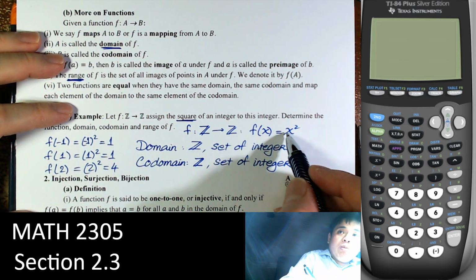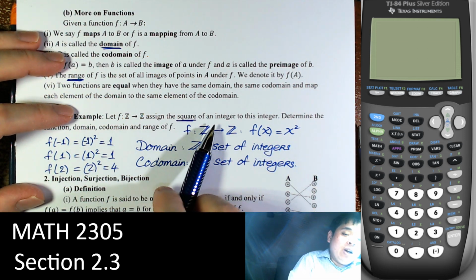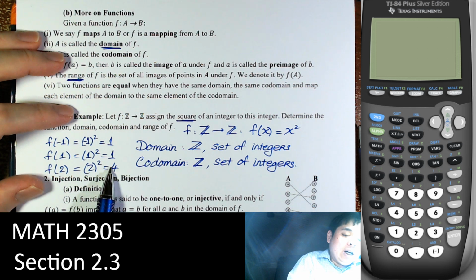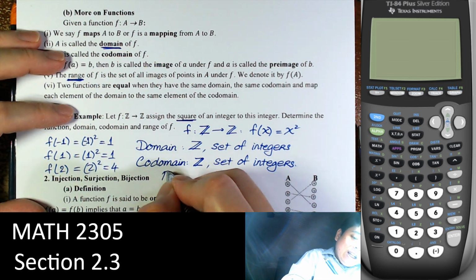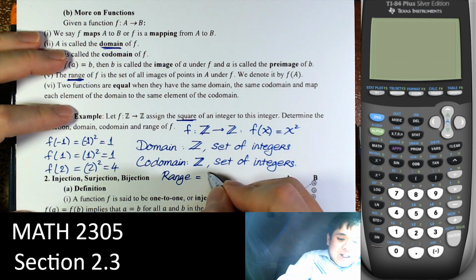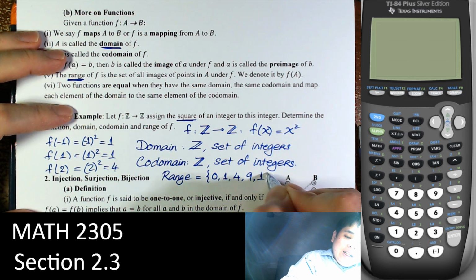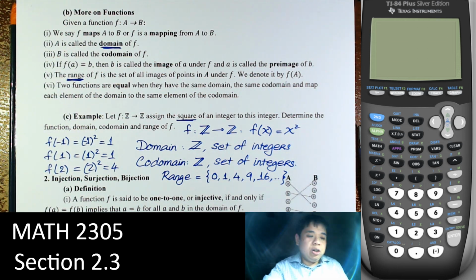If we want 3, we don't have the square root of 3 because we're not dealing with irrational numbers. So the range in this case is the set of perfect squares. So we'll go from 0, 1, 4, 9, 16, and so on. So the range is different than the codomain in that sense.